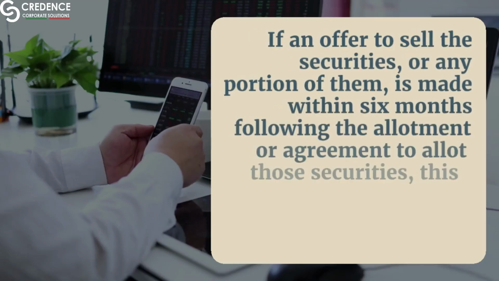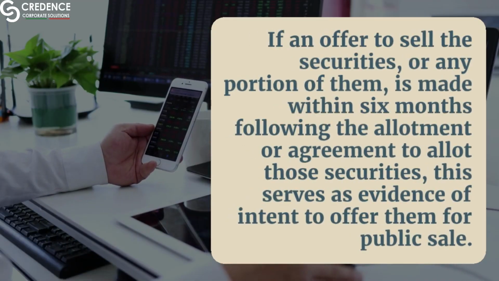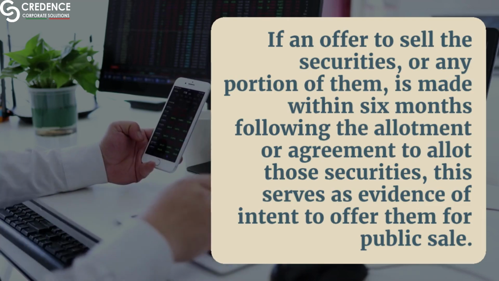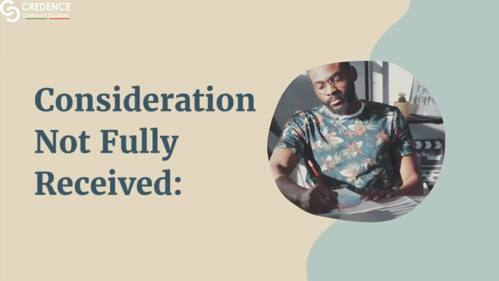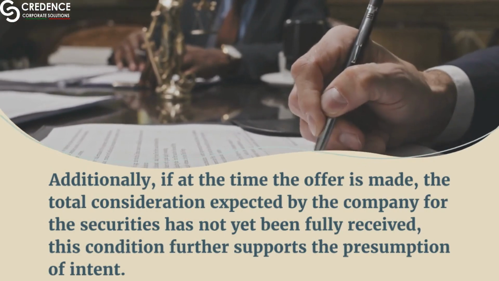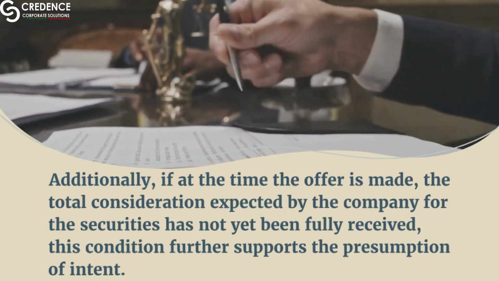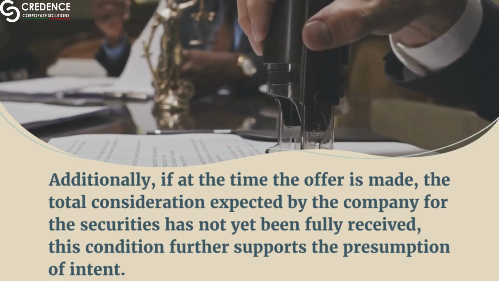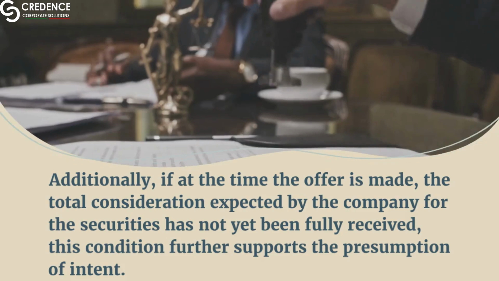If an offer to sell the securities, or any portion of them, is made within 6 months following the allotment or agreement to allot those securities, this serves as evidence of intent to offer them for public sale. Consideration not fully received. Additionally, if at the time the offer is made, the total consideration expected by the company for the securities has not yet been fully received, this condition further supports the presumption of intent.